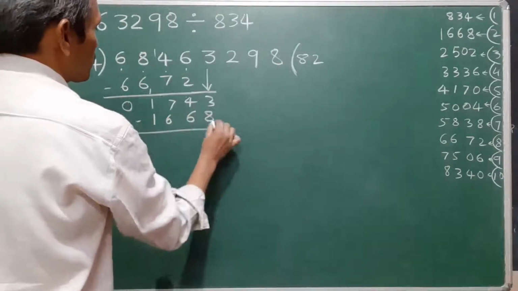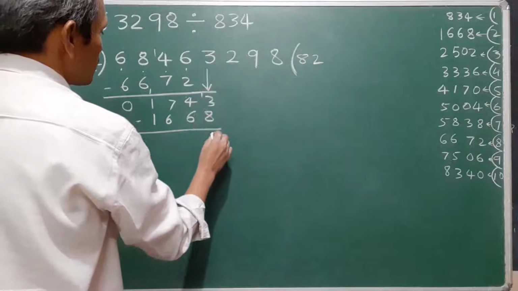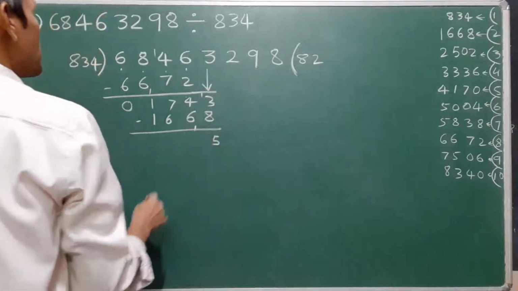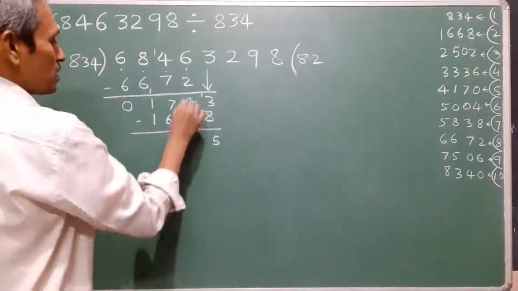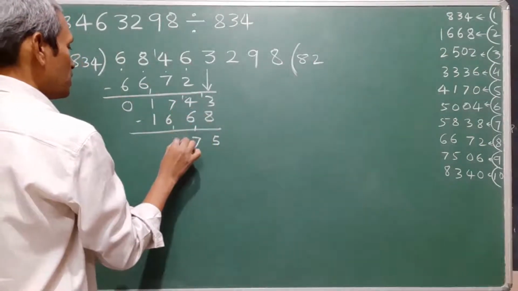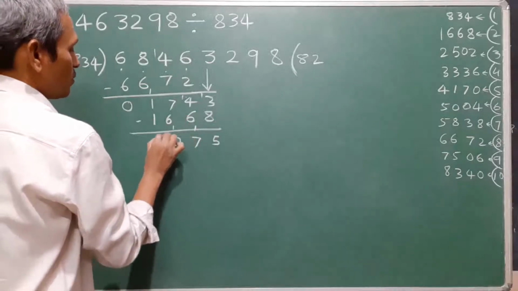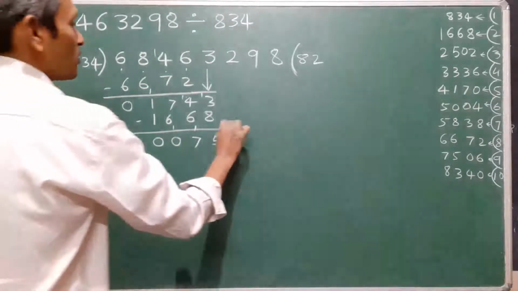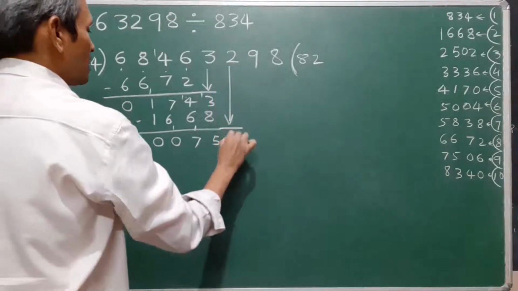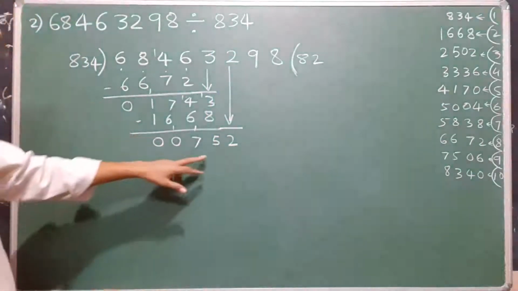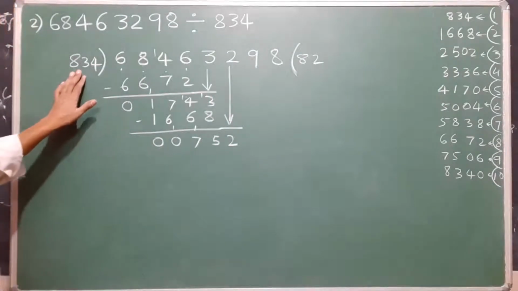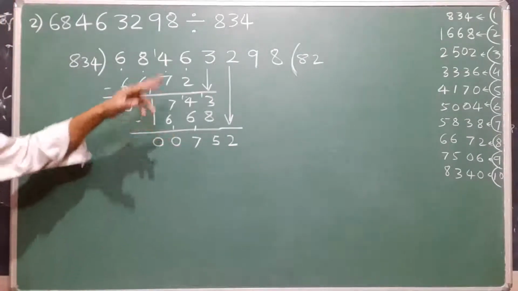Now subtract this one. 13 minus 8 is 5. 14 minus 7 is 7. 7 minus 7 is 0. Now take the next digit after 3, which is 2, take it down and write it here. It becomes 752.